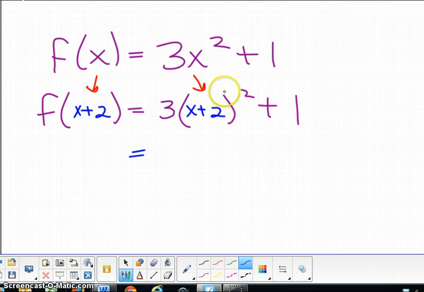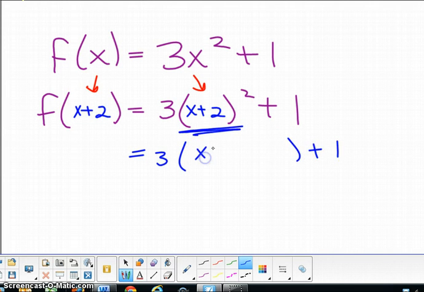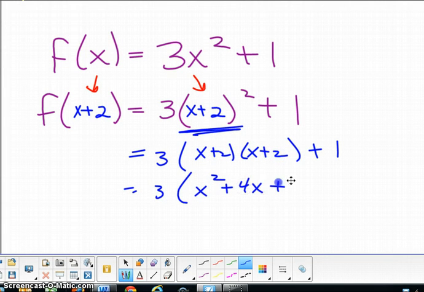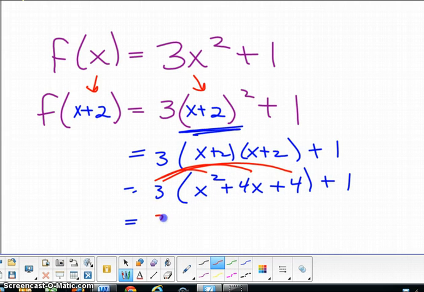But the right side, we have a little foiling to do. And we know that that is x plus 2 and x plus 2. And if I multiply that together, it'd be x squared plus 4x plus 4. Don't forget the outside and inside terms. In order of operations, distributive property is next, so I'm going to distribute that 3 throughout the whole thing.